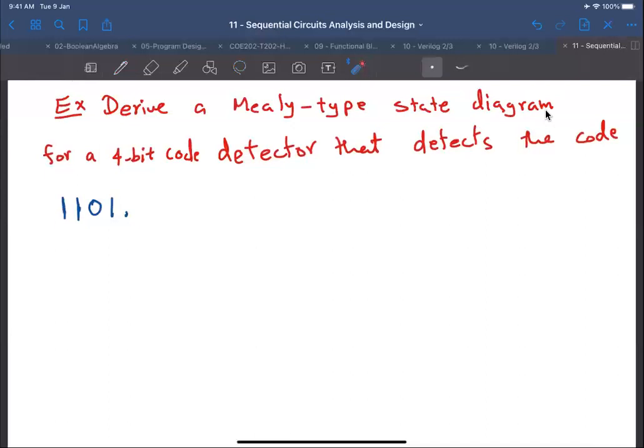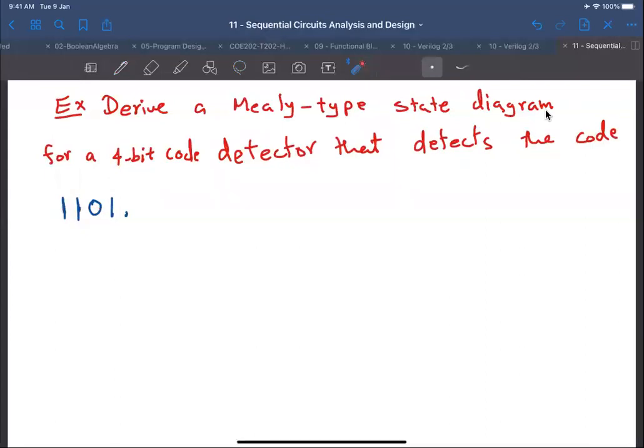All right, so code is different from a sequence in the sense that we need to know how many bits we have received so far, and we need to know that we received a 1 in the 3rd position, a 1 in the 2nd position, a 0 in the 1st position, and a 1 in the 0th position. So it has to respect positions as well.